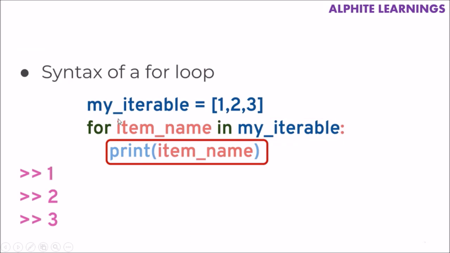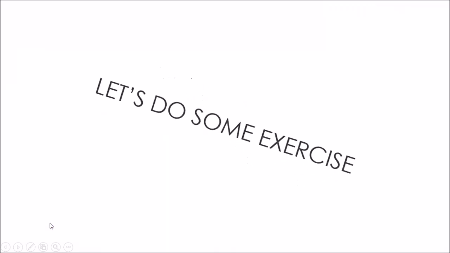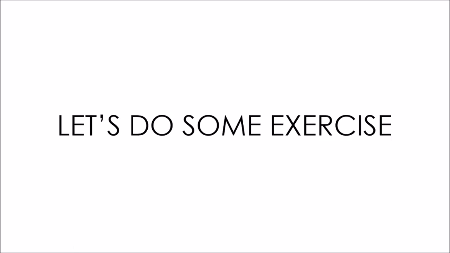Each element in my iterable in this variable will get iterated one by one. So 1 gets iterated, 2 gets iterated, 3 gets iterated. We'll see a couple of examples so that you get more knowledge about it.